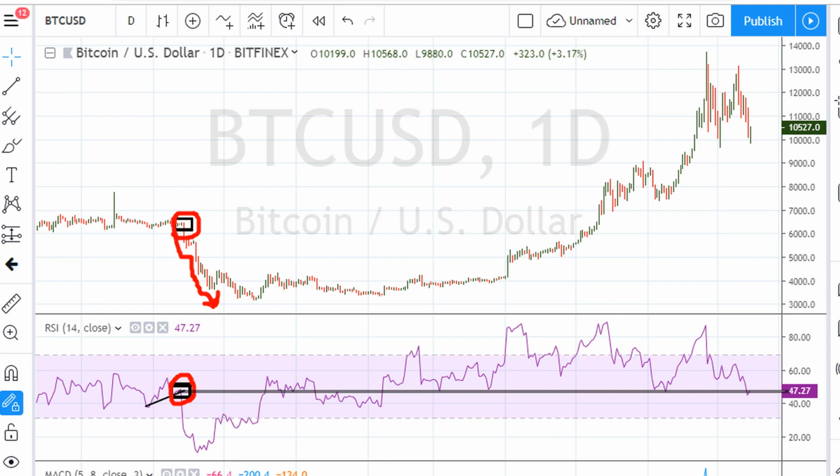Now, just to keep it simple, notice what happens when we break out above that line, which is this entry here. That was just between 3,000 and 4,000, in February of 2019. And then we come and kiss it here and bounce for the lows here.